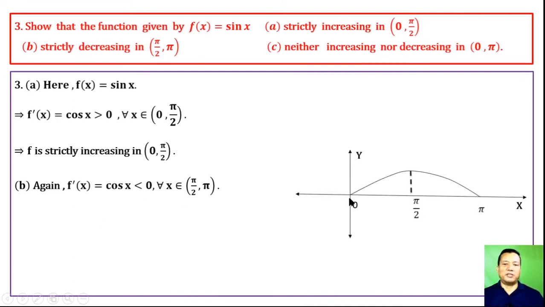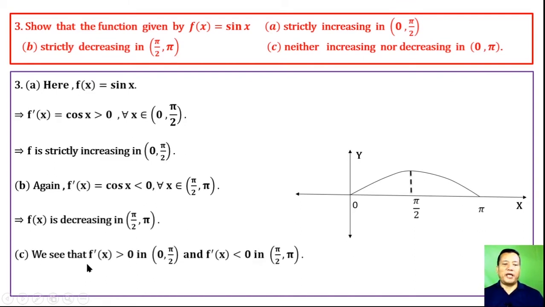As in this picture, 0 dagina pi by 2 power the function is increasing or pi by 2 dagina pi power the function is decreasing or masi kana ki cup no y equal to sin x ki cup ne. Implies f of x is decreasing in open interval pi by 2 to pi.